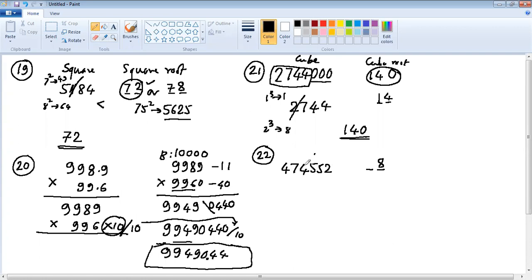Remove the last 3 digits. What remains is 474. This is a 4. So that is between 7 cube, that is 343, and 8 cube, that is 512. 1 to 7, 1 to 9 cubes you should know by heart, so that you know that it is between these. So the lower side is 7. 78 is the answer.